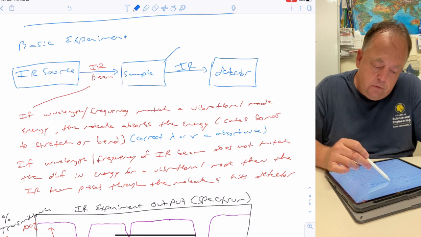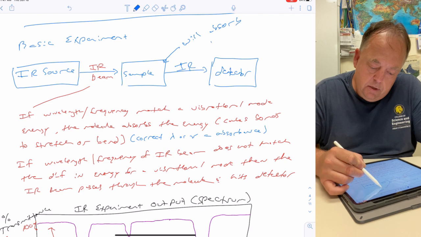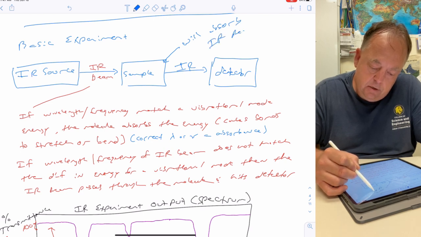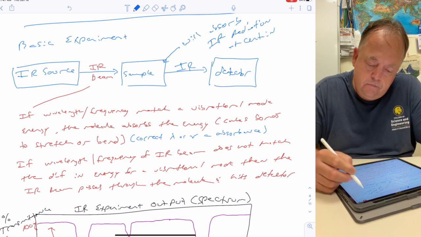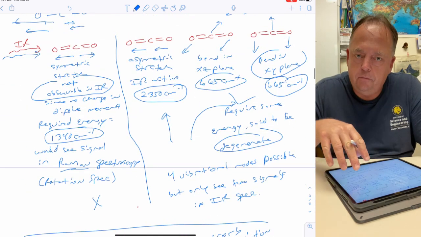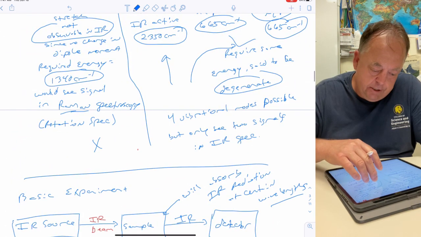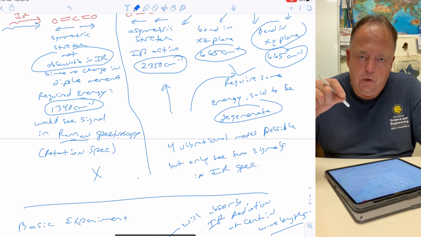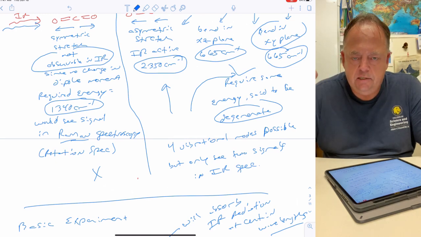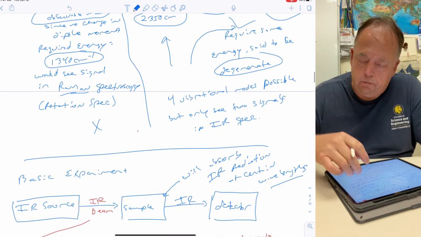The sample will absorb the IR radiation at certain wavelengths if they correspond to one of these vibrational modes, in which case none of the IR radiation at that particular wavelength would make its way to the detector, so you would see a signal because some of that radiation would be lost, absorbed by the molecule.